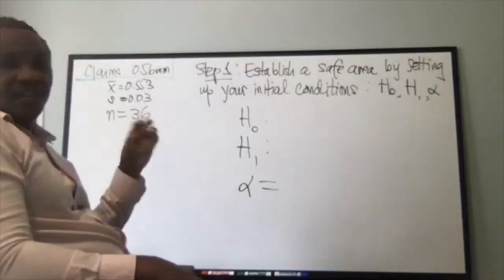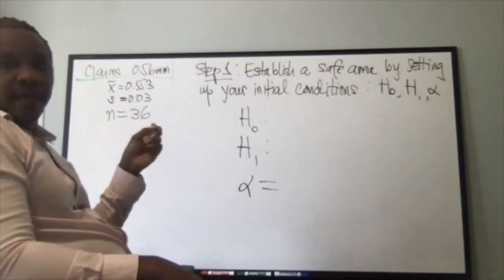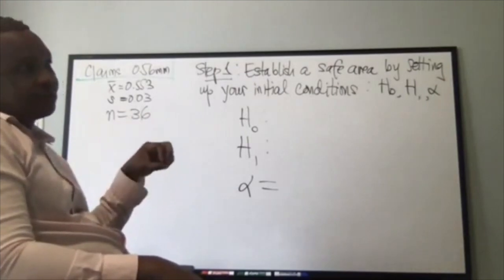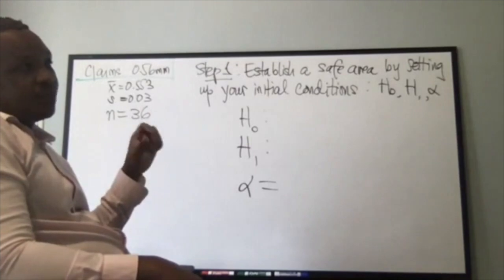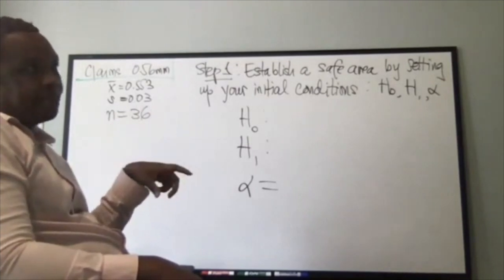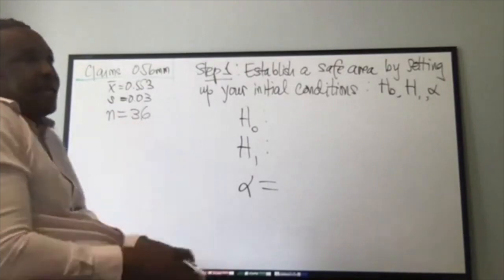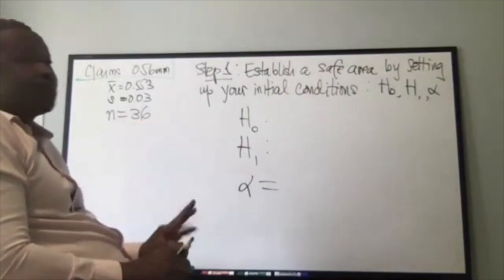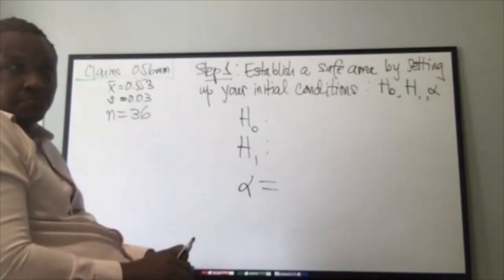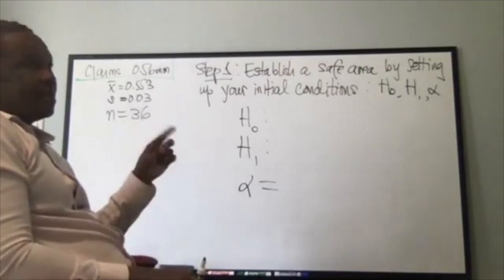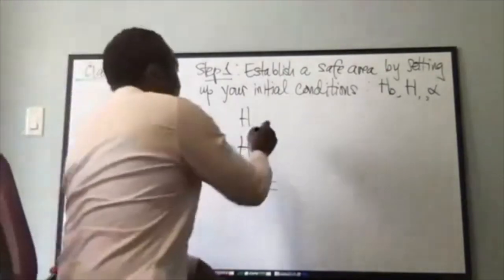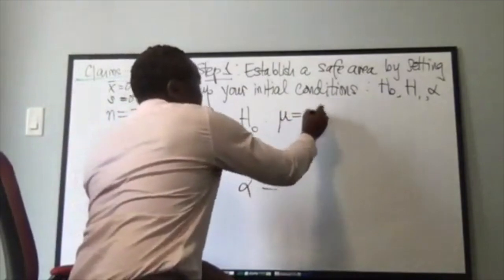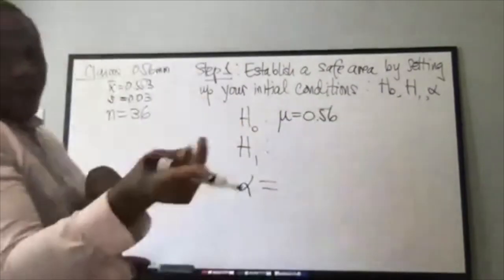Now, remember what the definition of H sub 0 is? H sub 0 is your null hypothesis, the claim. What is being claimed in this problem? That the average thickness is 0.56. Okay, so whatever the claim is, that's what I'm going to have to write for H sub 0, and it's going to be this: mu equals 0.56.